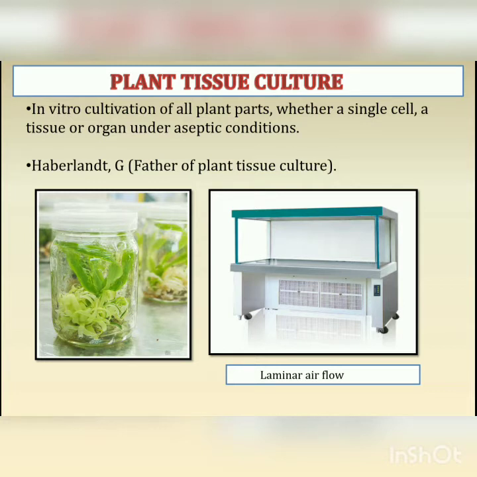Not only in a single glass bottle, this I have shown you as an example that this glass bottle is used in plant tissue culture operation, and as the plant will grow, we have to subculture, meaning we have to change the glass bottle, and in this the media is there. Okay. Now laminar airflow. This laminar airflow is the place where we have to do the plant tissue culture operations aseptically.